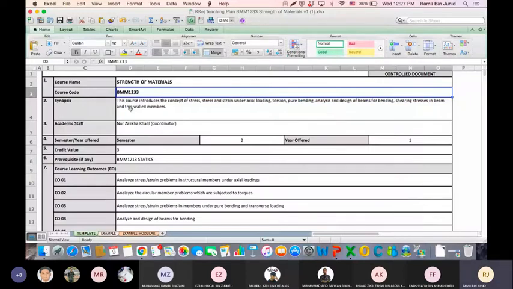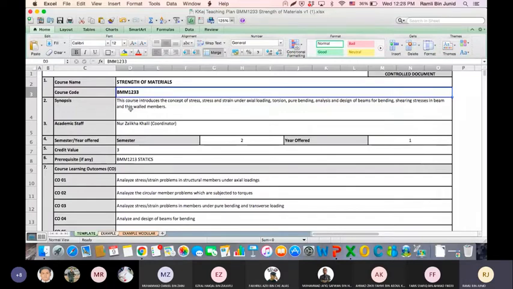For example, mechanical engineering, chemical engineering, civil engineering, everyone has to take this subject. If you are an engineering student, typically this subject is compulsory. There is no excuse. So that is the meaning of core subject. That's why it is offered in the first year, when you are enrolling, then you take the subject.